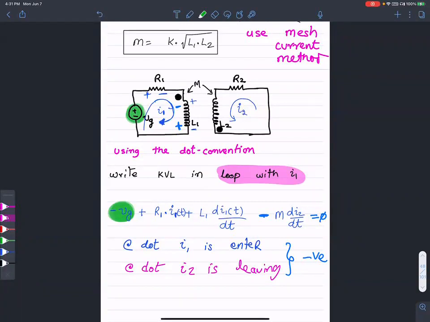Then there is a voltage drop coming from this resistor, that's this product R times I. Then there is a voltage that is set up by this inductor, that's L di by dt.